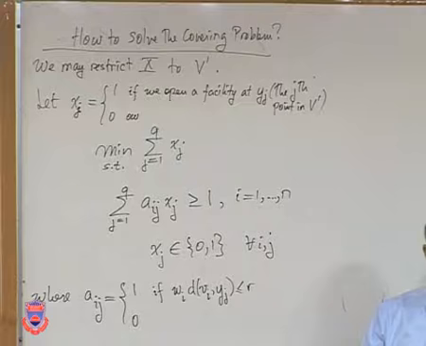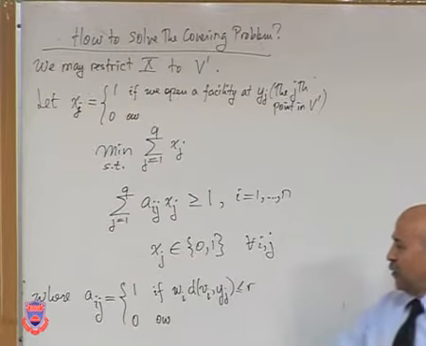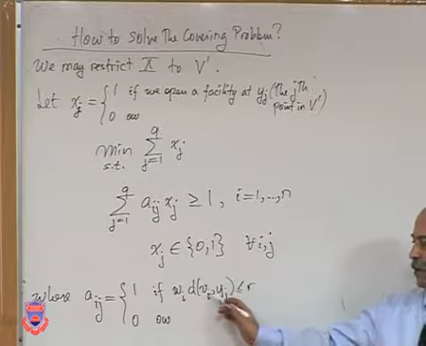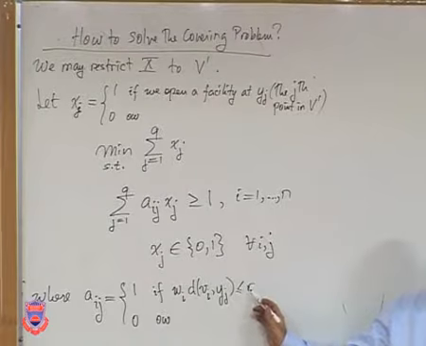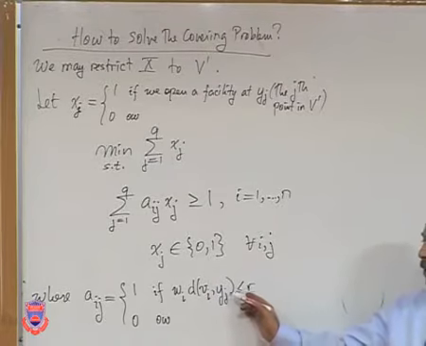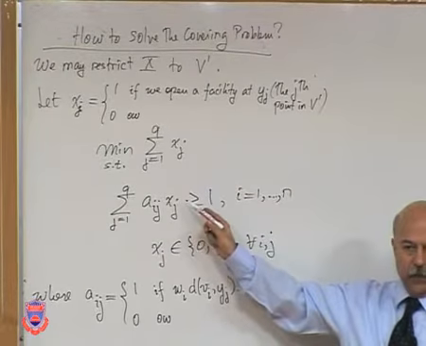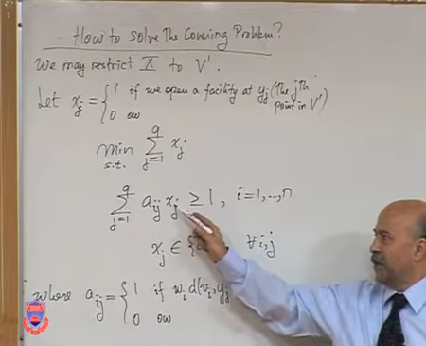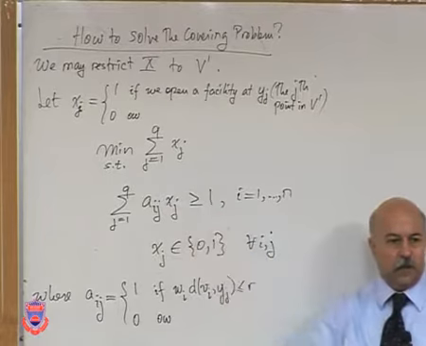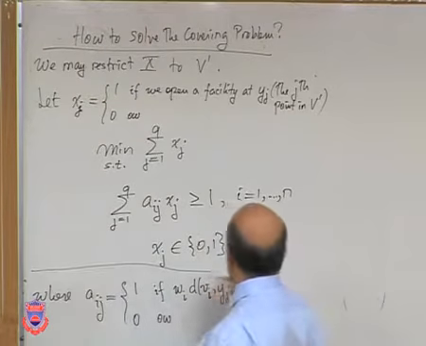R is a fixed number here. Remember that. 0 otherwise. So whenever yj is within an appropriate distance of vi, appropriate being within r units of weighted distance, then of course aij is 1, so that whenever you declare xj to be 1, that facility at that point will cover vertex i as well as possibly others, okay? Because this is written for each one. Does that make sense? I guess that's pretty straightforward.